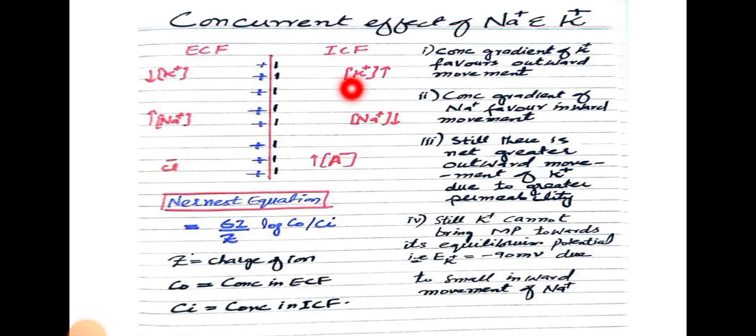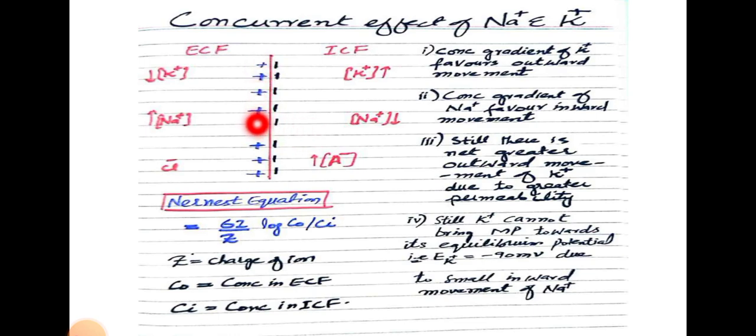Potassium concentration is greater inside the cell, so the concentration gradient is towards the outside. But when potassium moves towards the outside, internal negativity due to proteins is increasing. Similarly, the sodium concentration gradient is towards the inside, and when sodium moves inside, outside positivity is decreasing. But we know potassium permeability is far greater than sodium. Therefore, more positive charges are coming outside as compared to the positive charges coming inside.